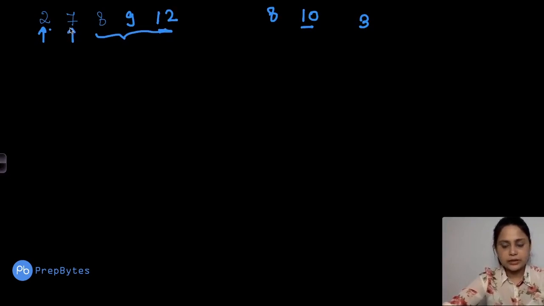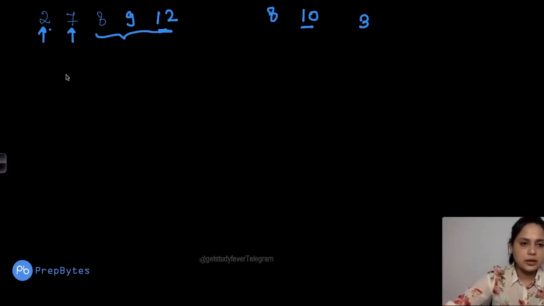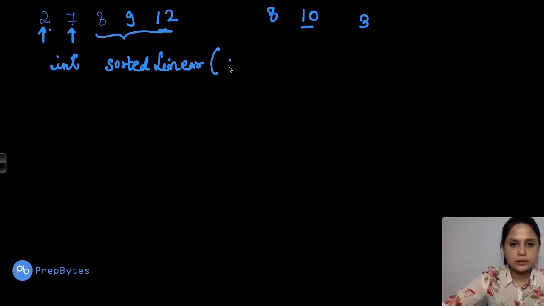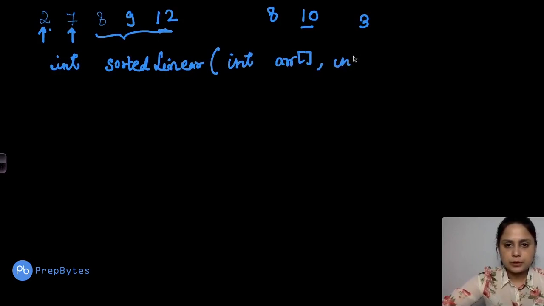Let's just try and write the code for this. Let's say the function is int sorted linear. Let's call it sorted linear. We have the array int arr, the size of the array, and the data.